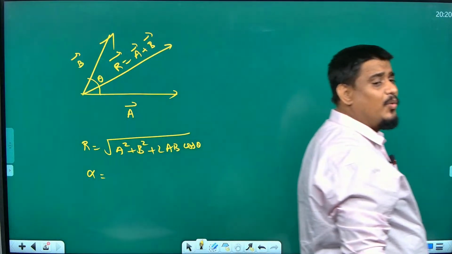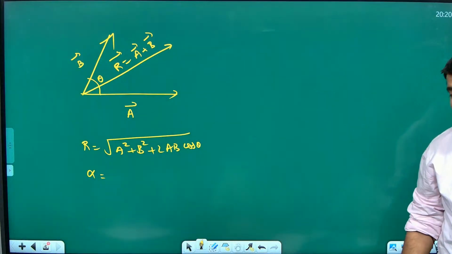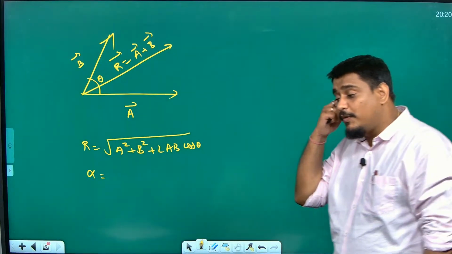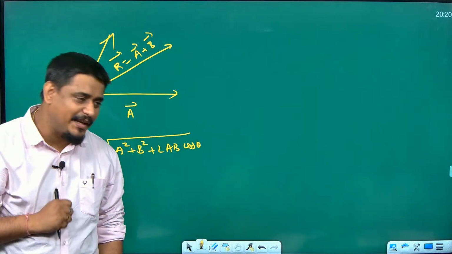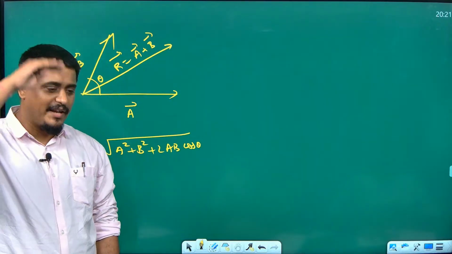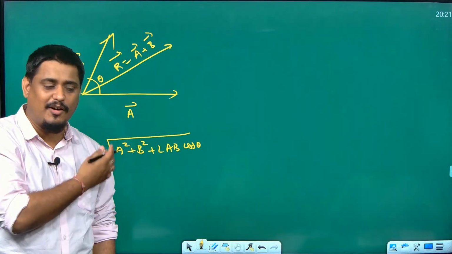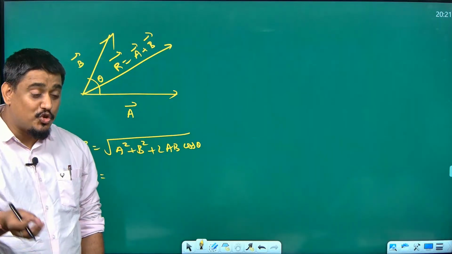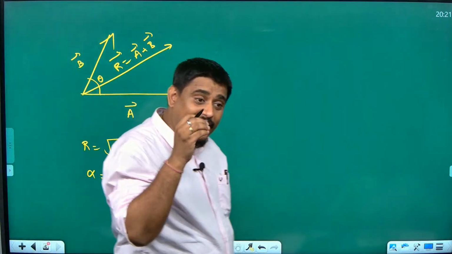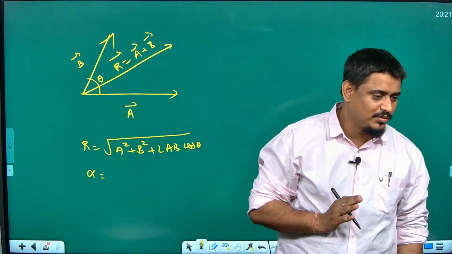Problem will come in the resultant direction, because when you write it, you will confuse between what is A and what is B. In exam, they will not give you A and B, right? They will give you rain is dropping, wind is blowing, water is going, boat is going, these things only. So which to be taken as A, which to be taken as B can confuse you.